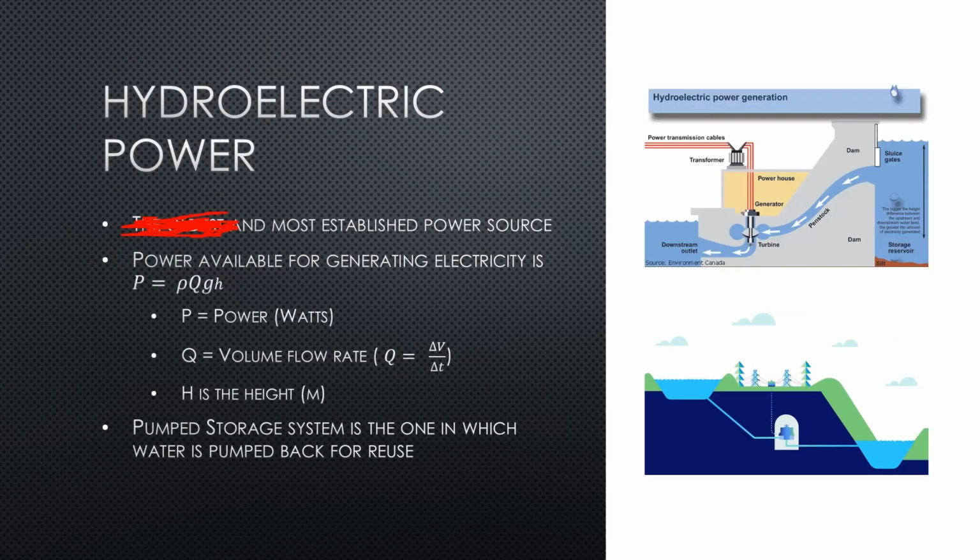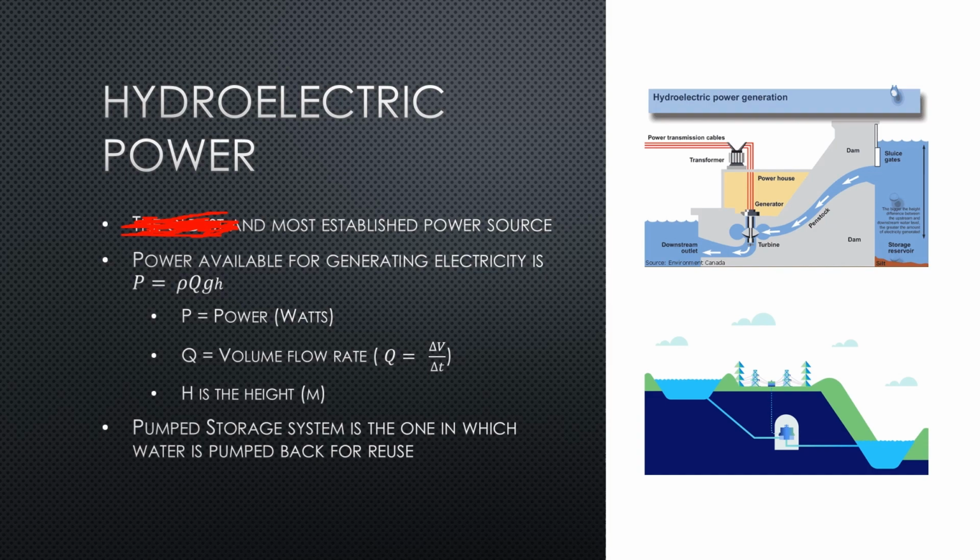Okay, now hydroelectric power. This is one of the most established power sources, and here's how it works. You have a dam, for example, which releases water, and the water always flows downhill.